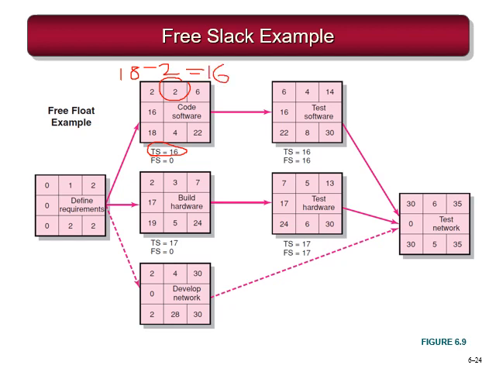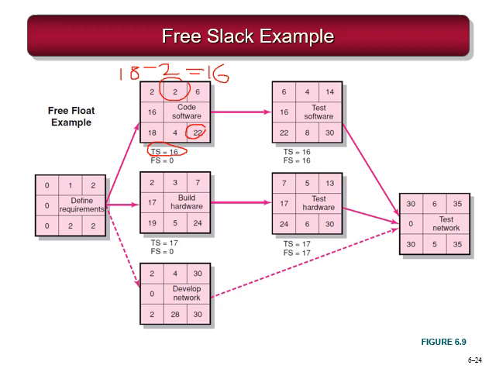But the problem is, if this activity is delayed by that 16, instead of ending on the 6th day, it will end on the 22nd day. So the next activity will not have any freedom, or it will not have any slack.